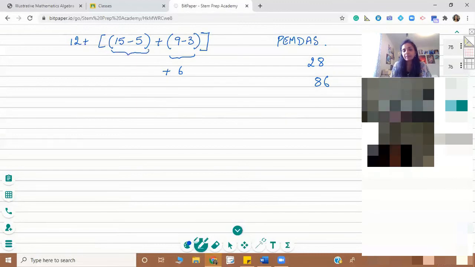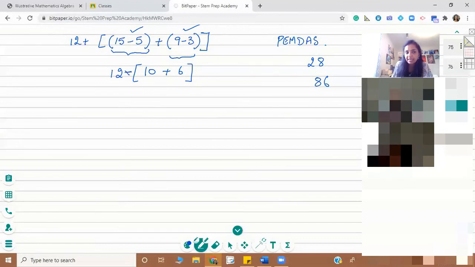And then what have you done with this bracket? I was confused on this one, but I did 15 minus 5 equals 10. Very good. You have done absolutely the right thing because we have to get rid of the innermost brackets first. Okay. And now we are left with one outer bracket and this multiply.